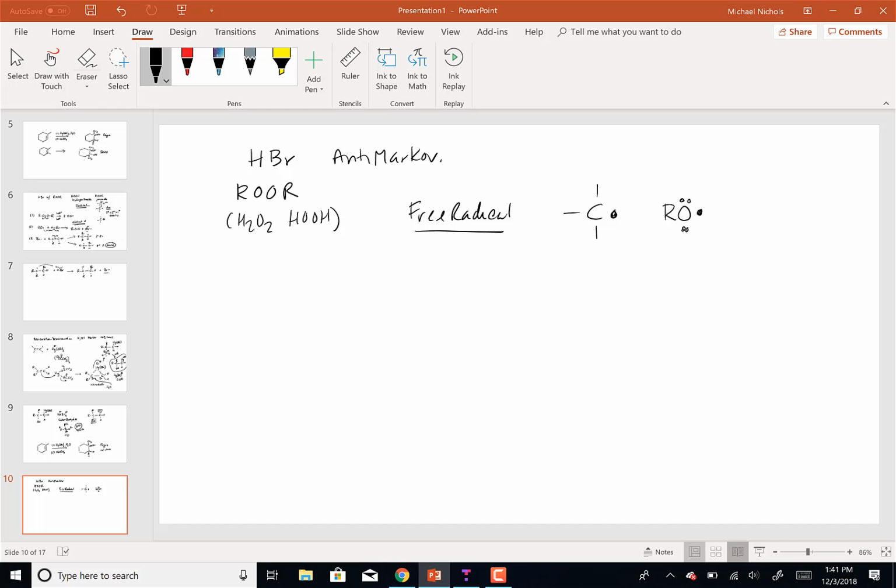So it can never meet the octet rule, because unless we change the rules of mathematics, an unpaired electron will never equal 8. So these radicals are unstable because they don't obey the octet rule. And I think in general, radicals are probably unstable, even in real life, some of them.